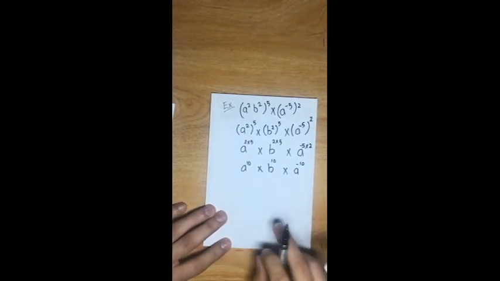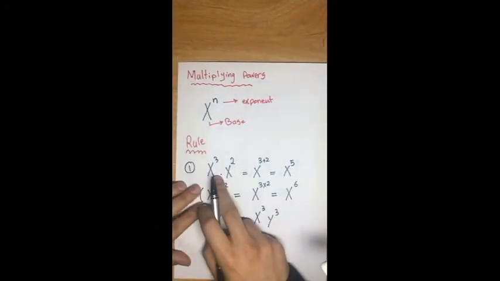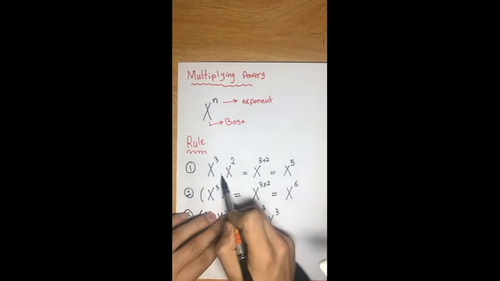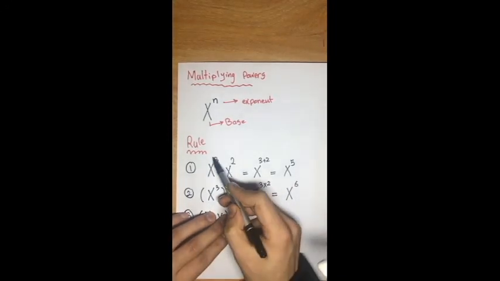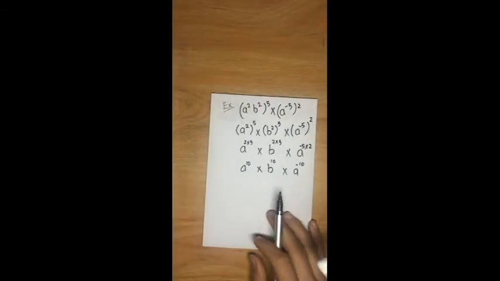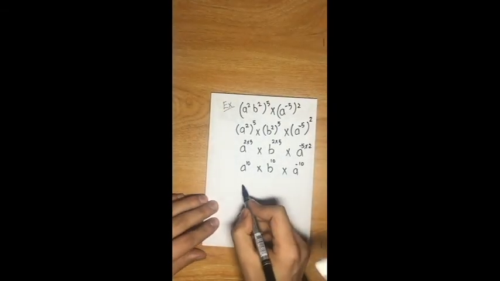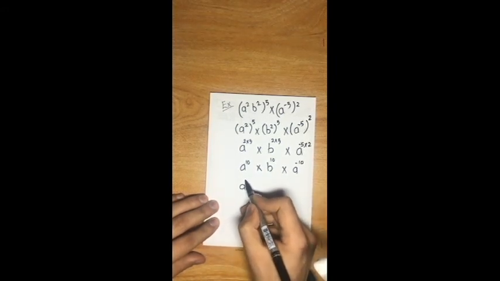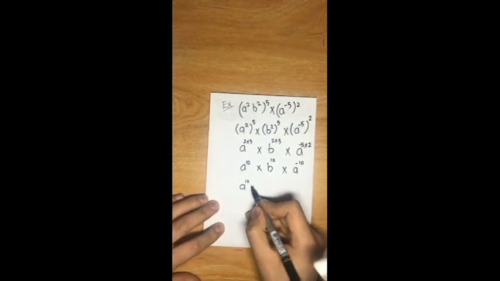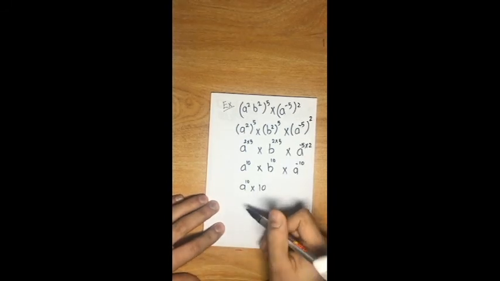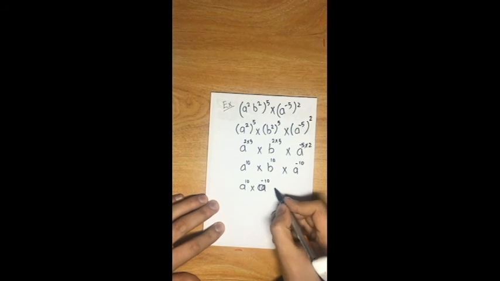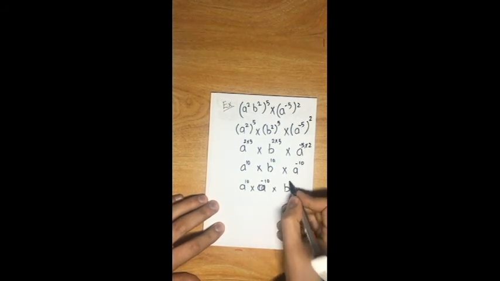Now for this step we have to use our first rule. If we have two exponents with the same base, then we have to add their powers. Now we have a, let's bring these two terms together. So a to the power of 10 multiplied by a to the power of negative 10 times b to the power of 10.